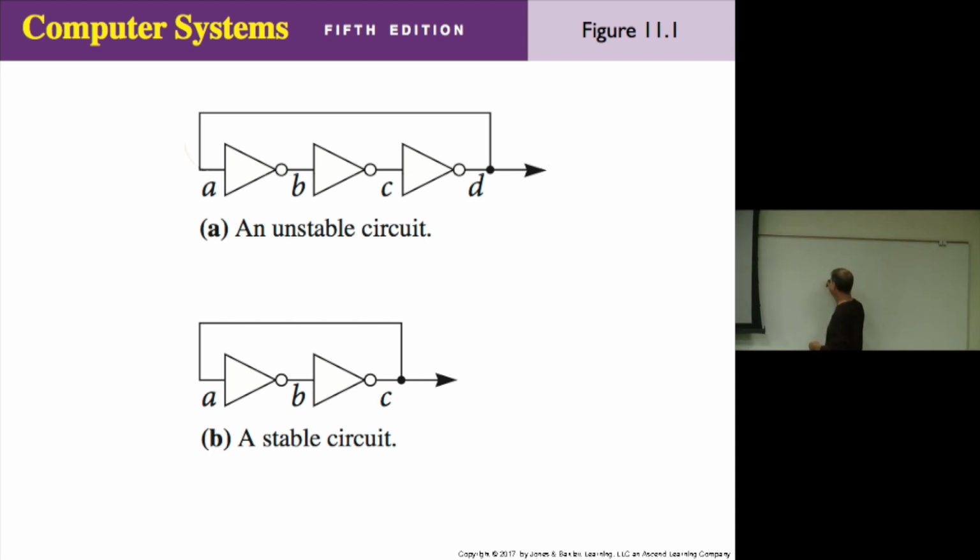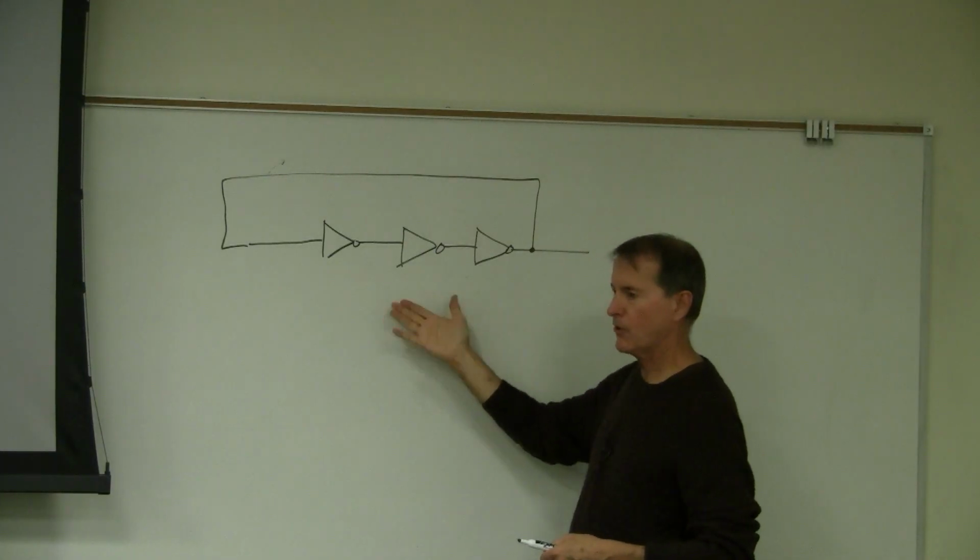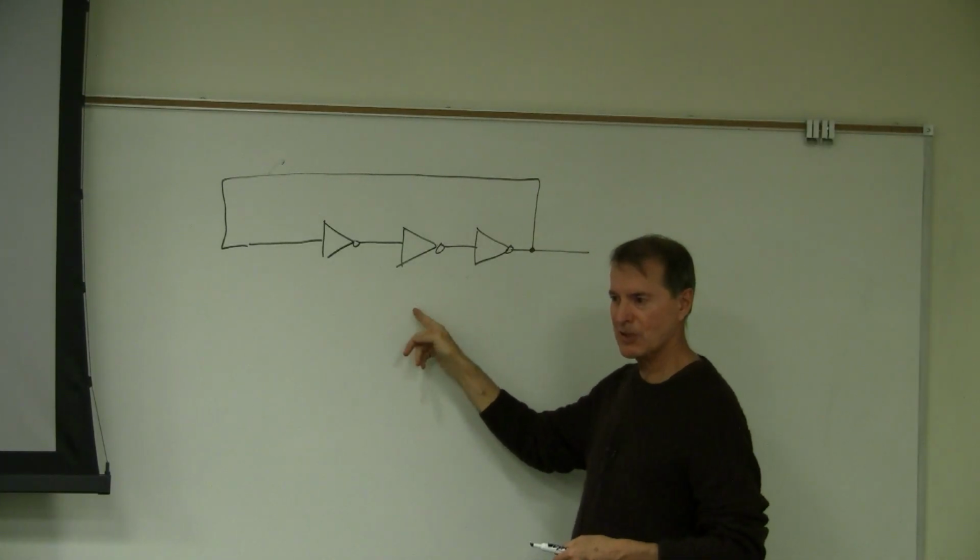Now watch this. I'm going to repeat this figure on the board here. Do you remember in the lab the hex inverter chip? If you power that up, there were six inverters in one chip, right?